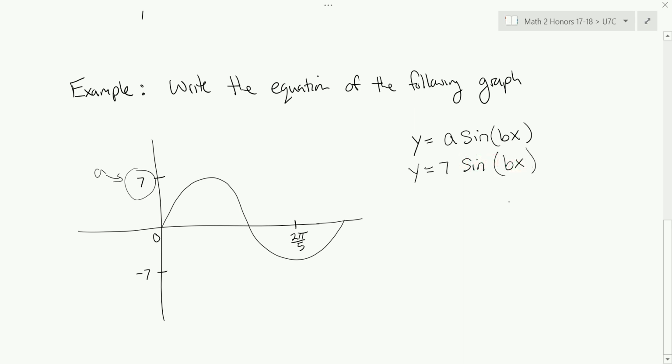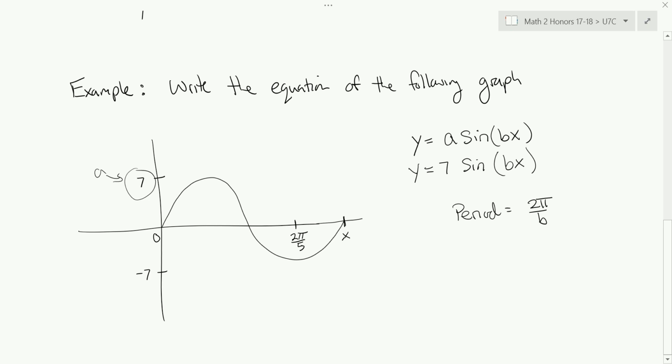Now, b is related to the period of the function, and the period of the function is 2 pi divided by b, right? And so if we can find the period of this function, the period of the function is actually whatever x value is right here, right? We can find that x value, we found the period of the function.